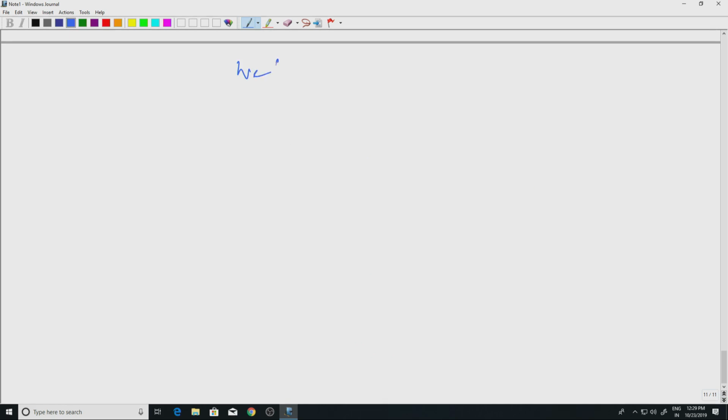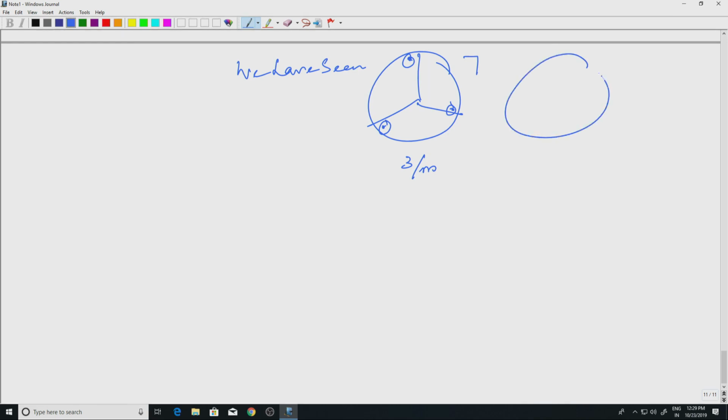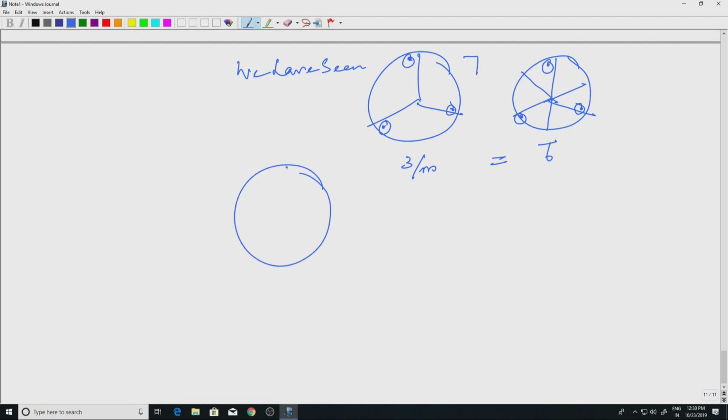We have seen three by m, six bar, so this is equal. Then we have seen three by mm.